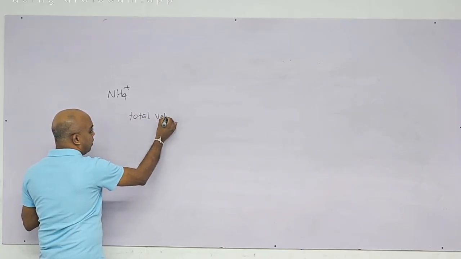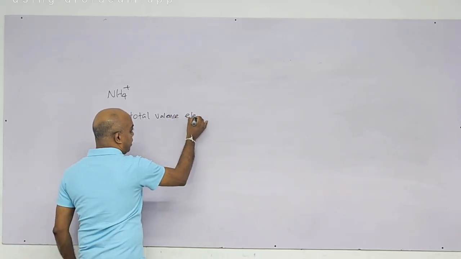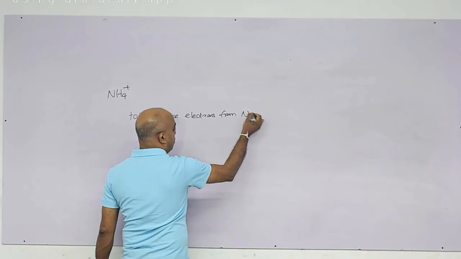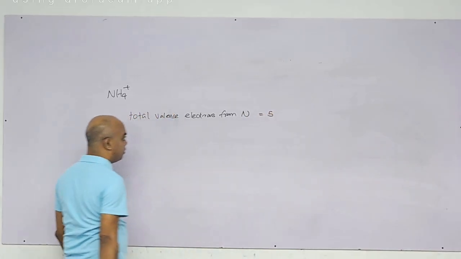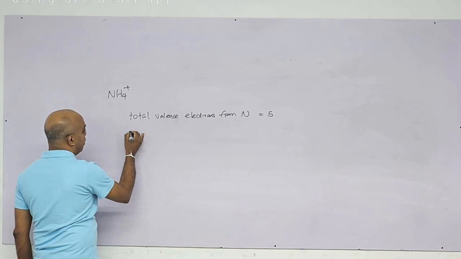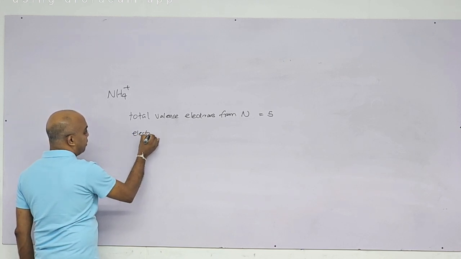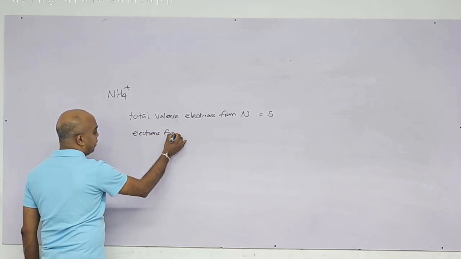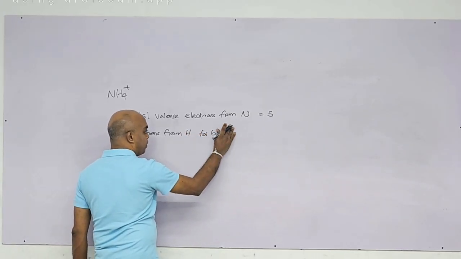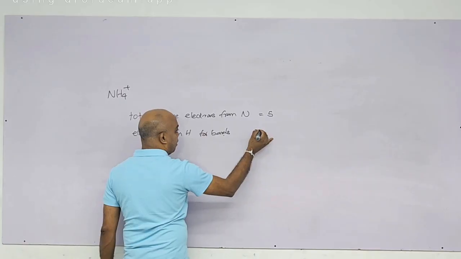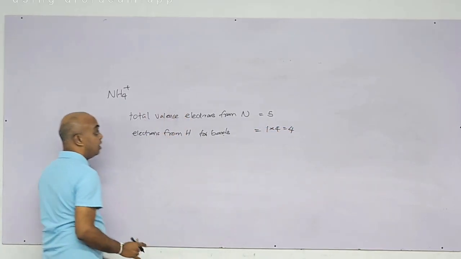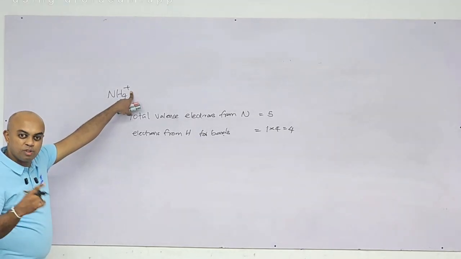Total valence electrons. From nitrogen that is 5. Then electrons from hydrogen for bonds. From hydrogen, 4 bonds, that is 1 into 4, that is 4. Because of the ion, it has lost 1 electron.